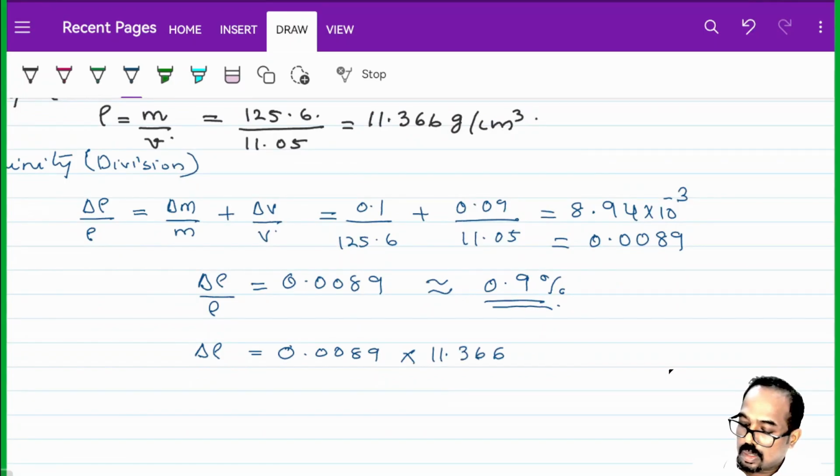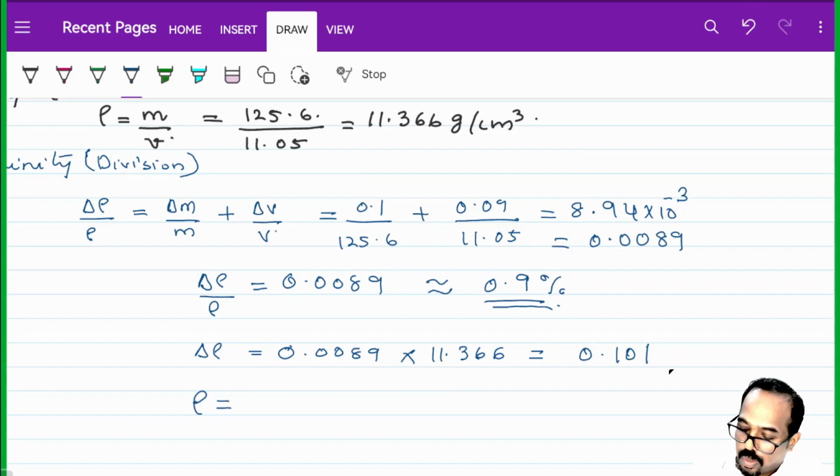Put these values in the calculator and you will get 0.101. That is the absolute uncertainty. The unit is gram per centimeter cube, as you have converted already.